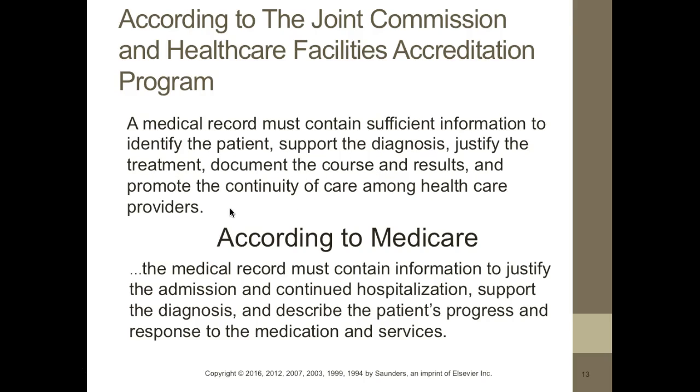All right, so according to the Joint Commission in Healthcare Facilities Accreditation Program, a medical record must contain sufficient information to identify the patient, support the diagnosis, justify the treatment, document the course and the results, and promote the continuity of care among healthcare providers. So you get dinged if you do not have all of those within your charting.